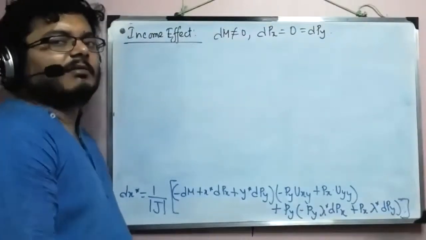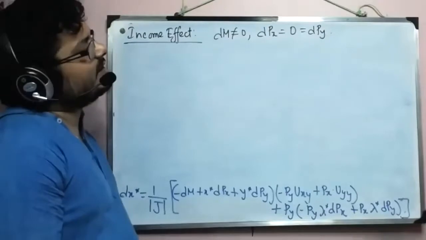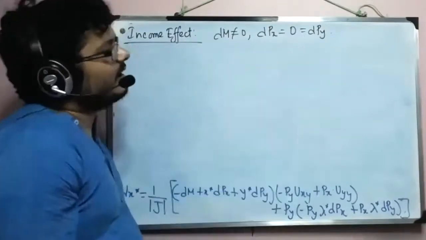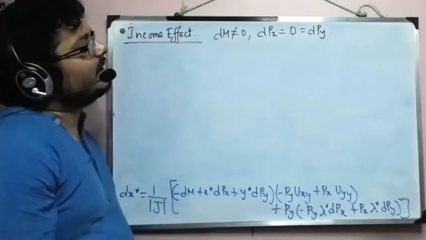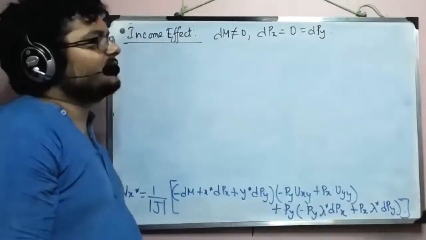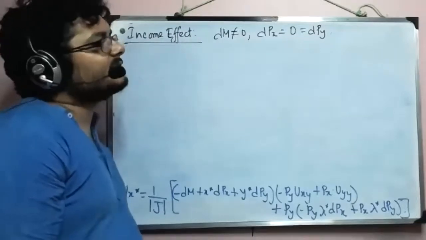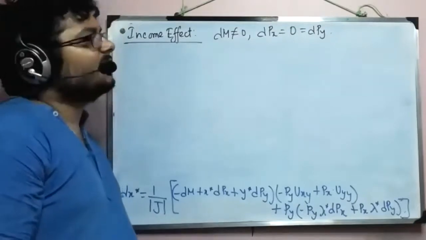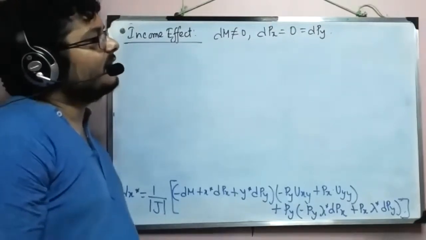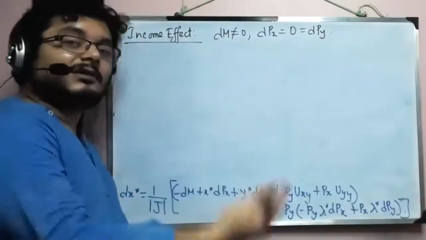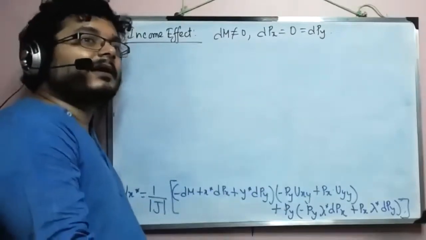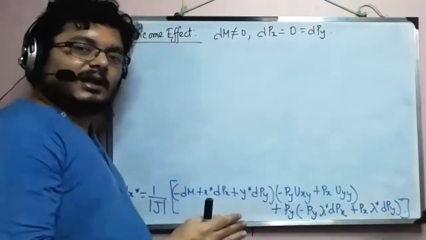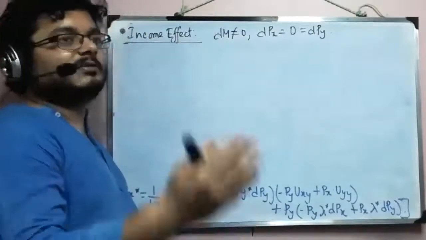I personally prefer to write dpx equal to 0 equal to dpy, because people who are more rigorous sometimes say that writing dpx equal to dpy equal to 0 first says that dpx and dpy are equal, and then that both are equal to 0.